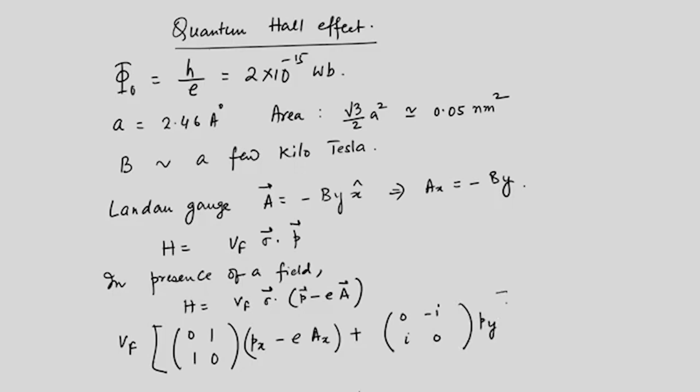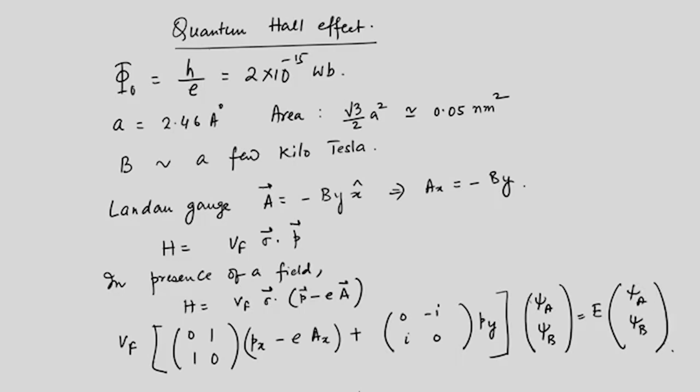There is no change in Py because the gauge is purely in the x direction. The two component wave function is psi a and psi b.